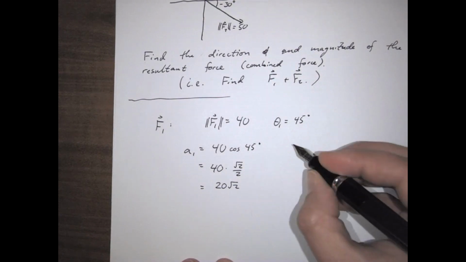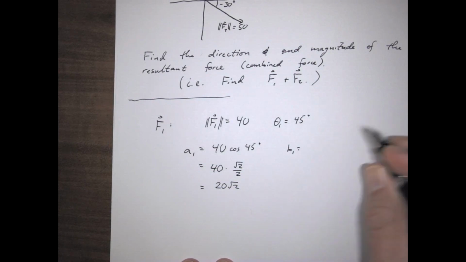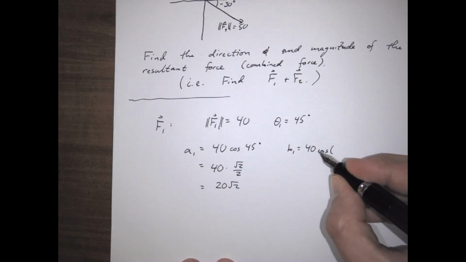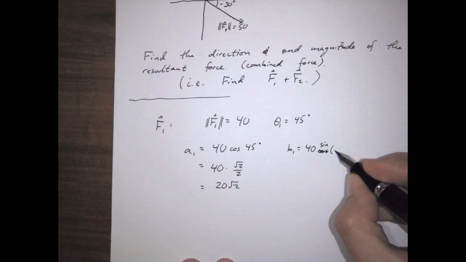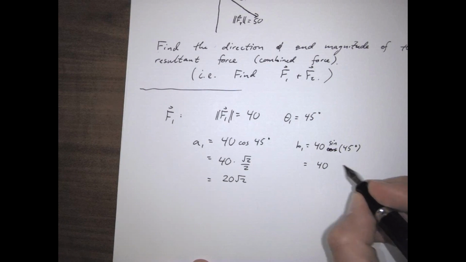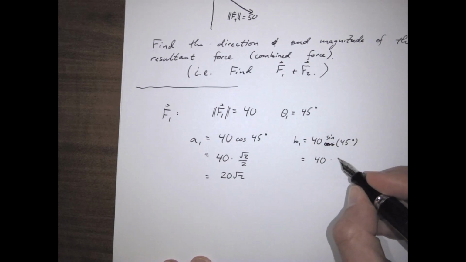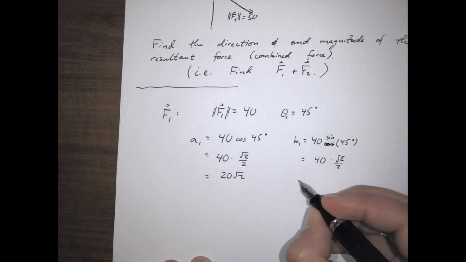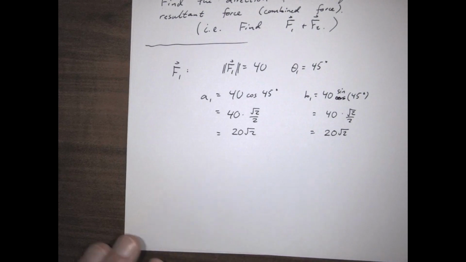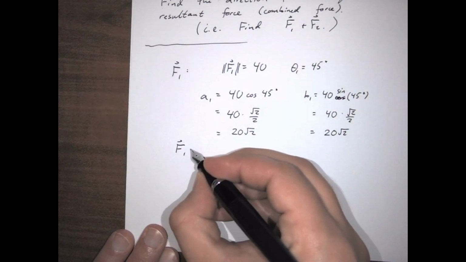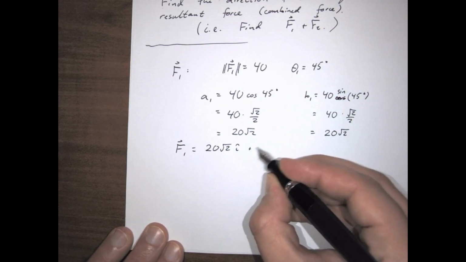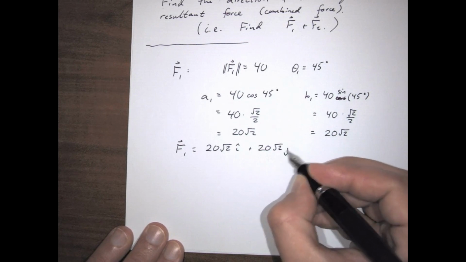And B1 is 40 sine of 45 degrees. Not that it really matters this time, but other times it will. Cosine and sine of 45 degrees, of course, are the same. 40 times root 2 over 2 equals 20 root 2. Okay, so F1 has been resolved. F1 equals 20 root 2 i plus 20 root 2 j.